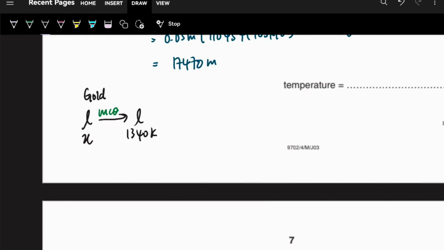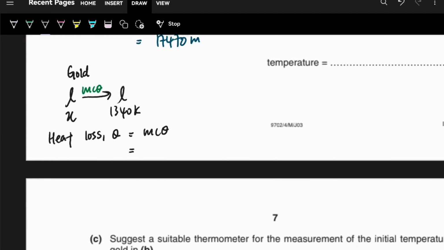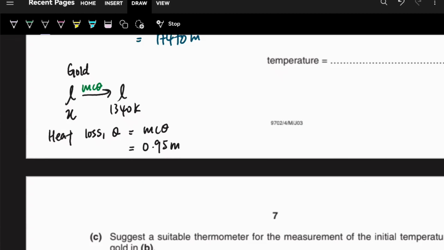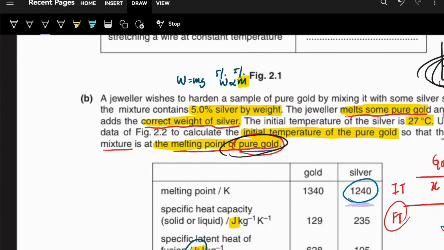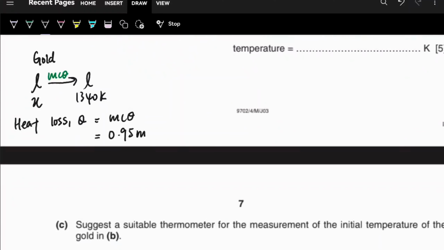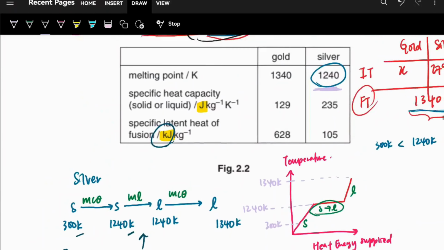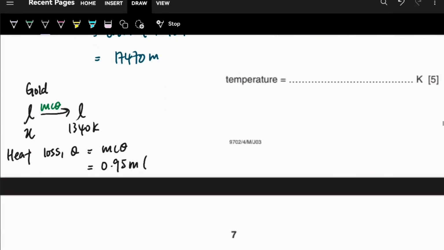Therefore, if we were to write the equation, heat loss by the gold, of course, is MC theta, and your M is 0.95 M. Why? Because 5% silver by weight. Therefore, the rest, 95%, is for gold. That's why it's 0.95, and also it's M, because you don't know the actual mass. Then your specific heat capacity is 129, and it is X minus 1340.